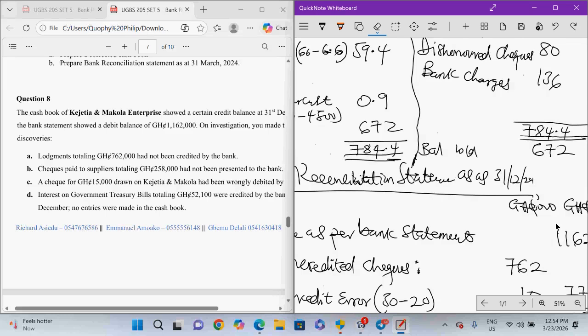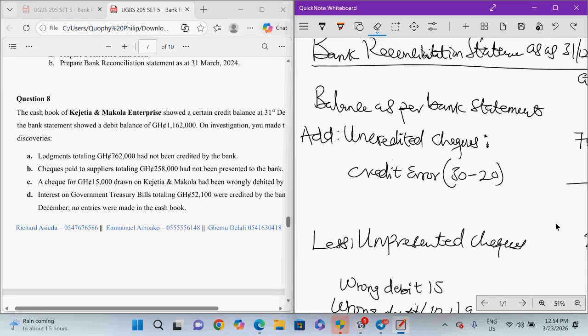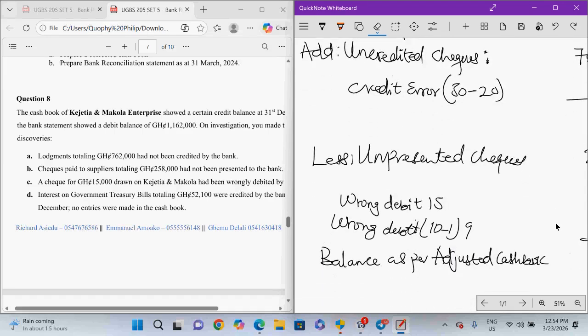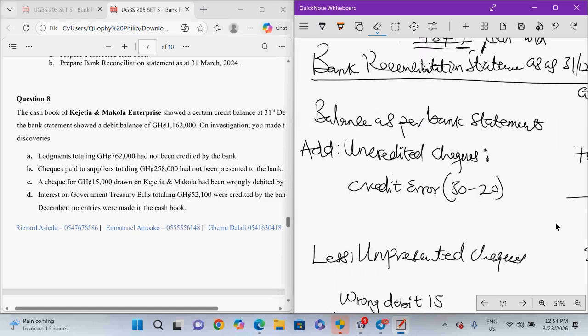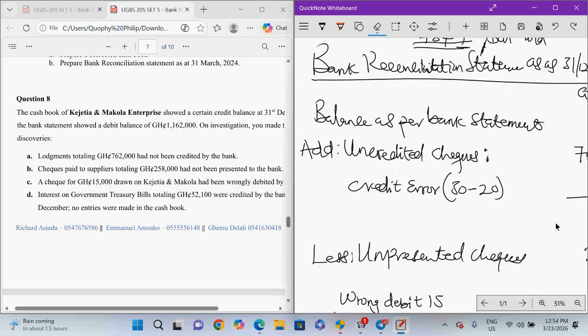Balance as per adjusted cash book 672, and add unpresented checks, 159 and then the 258, and then deduct all the uncredited checks. You are still going to get 1162 as the answer. This is the same thing. Did you try that?